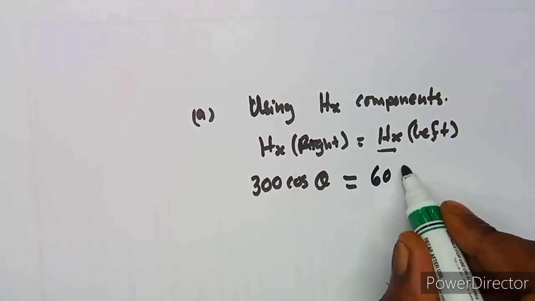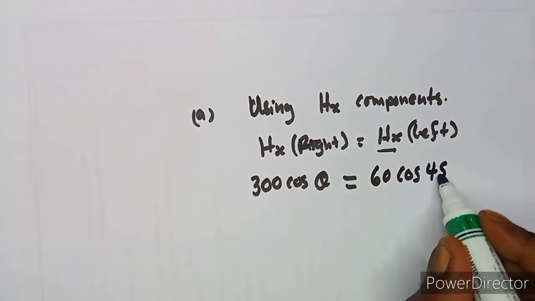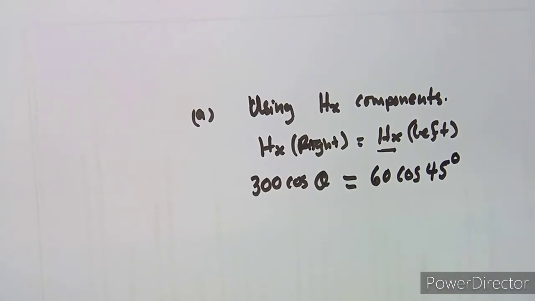So it's 60 cos 45 degrees. The moment you have this, you've formulated an equation that you can use to calculate angle theta. These are the stages you're supposed to take even if you're answering any type of exam question.